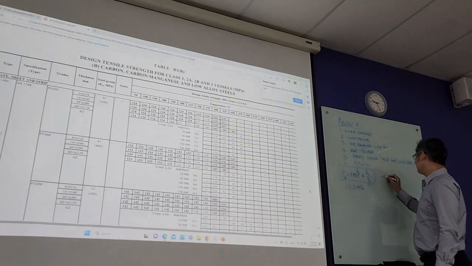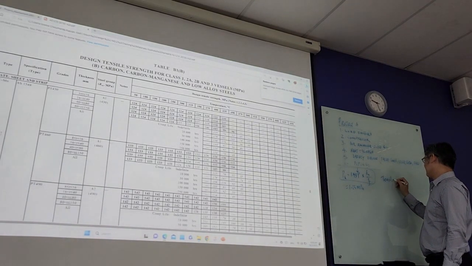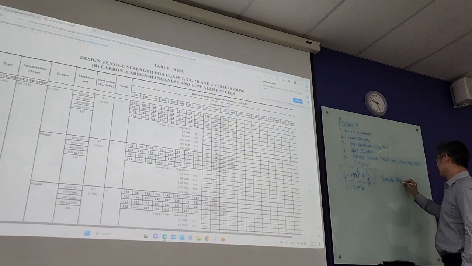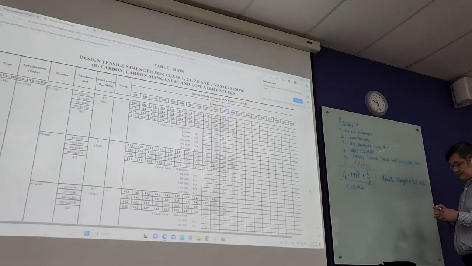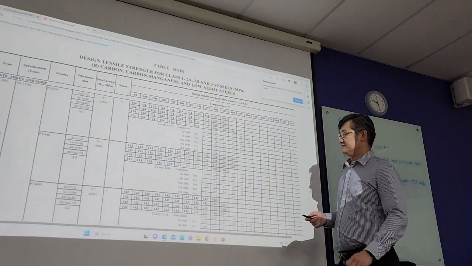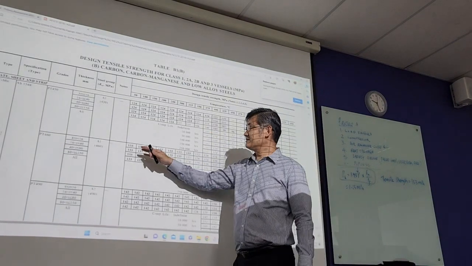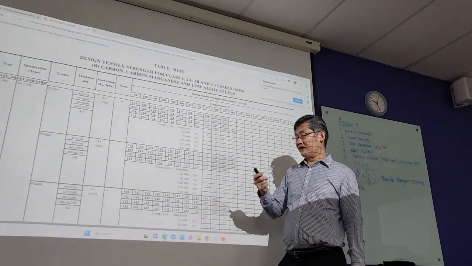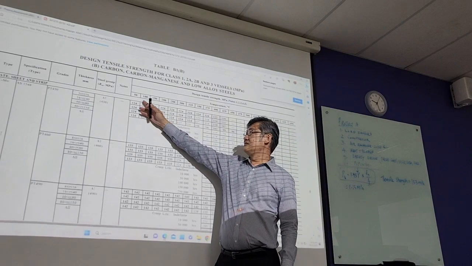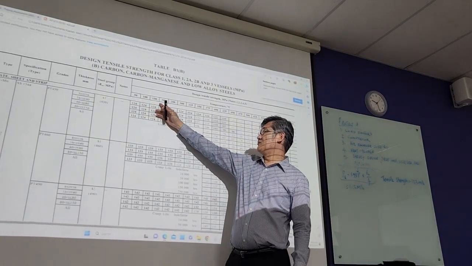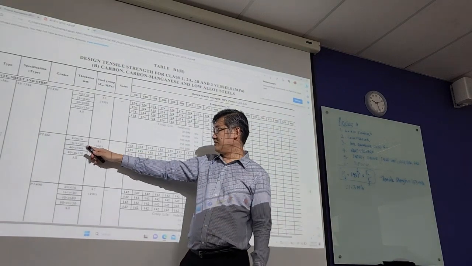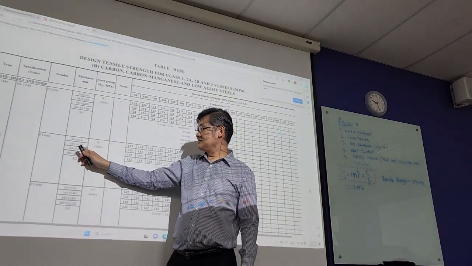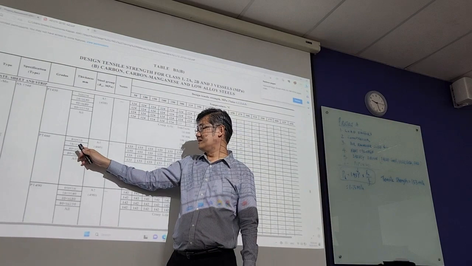Alright, so tensile strength, right from the table. You can see this material that we use for the air receiver, depending on the temperature, 50, 100, 150, you can see 133 all the way. We assume our thickness of the sheet metal is between 16 to 40 at the moment.